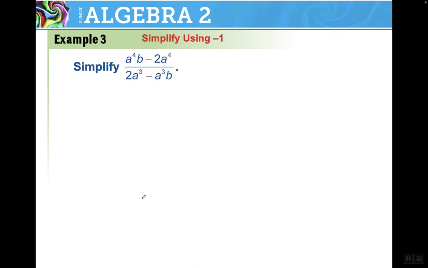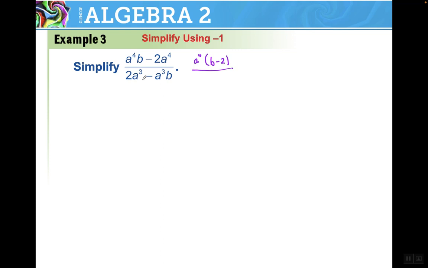All right, so we've got to simplify this, but there's nothing that I can take out right away because there's not factors. This is subtracting two terms, so I need to get it in factor form. If I look at my numerator, the GCF is a to the 4th. What's left is b minus 2.